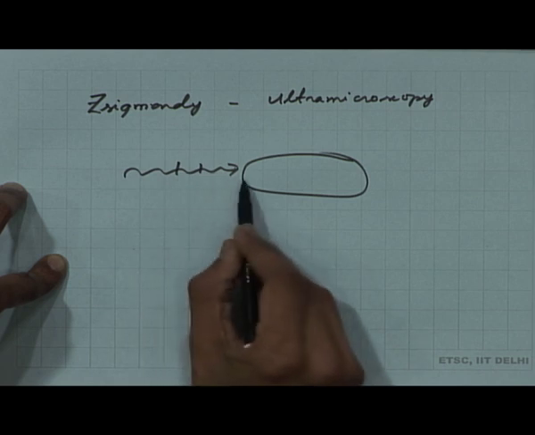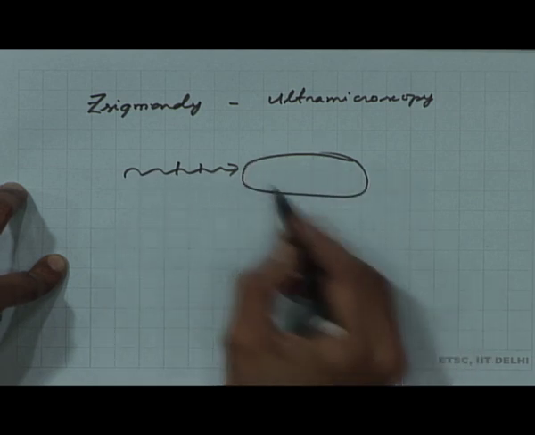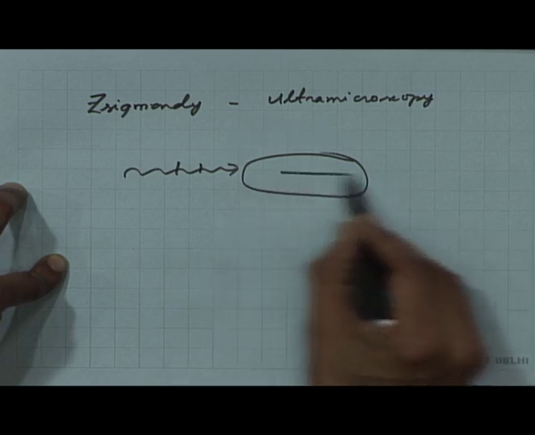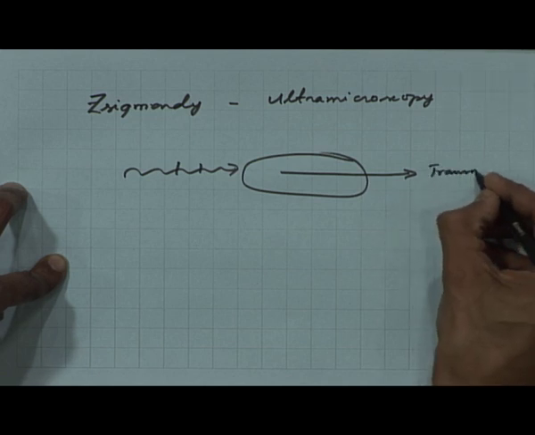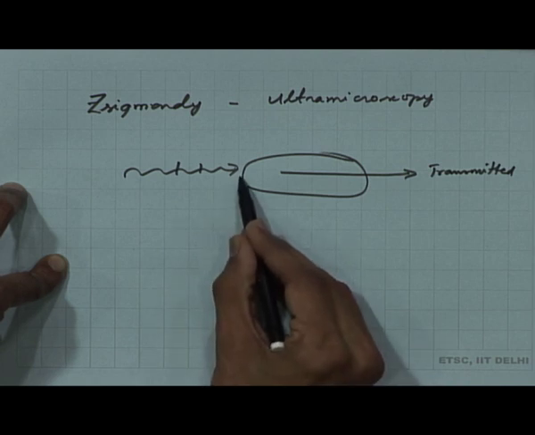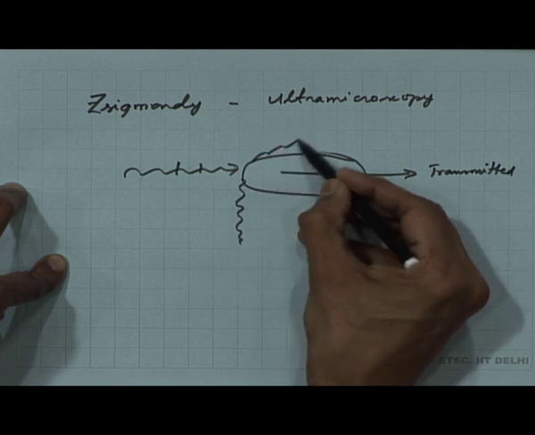Now, when you have a wave which comes in like this and strikes a particle, the particle will scatter light. So, some of the light goes through and this is transmitted, whereas some of the light that comes here will get scattered and will go off in arbitrary directions.